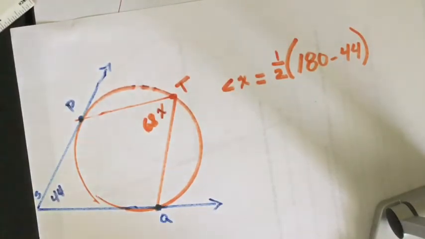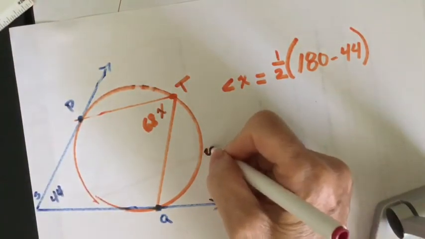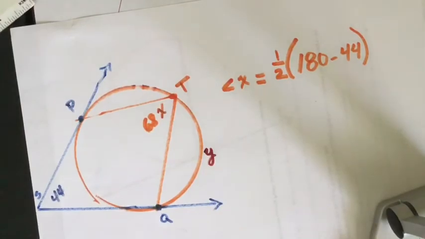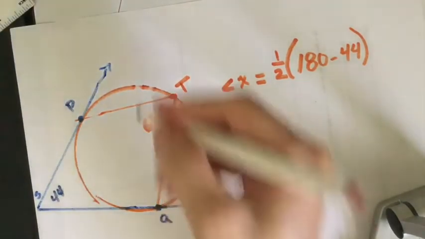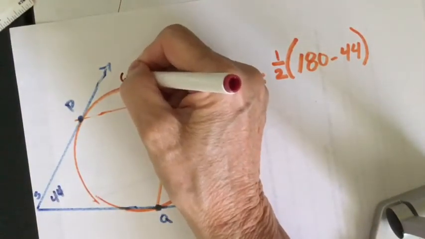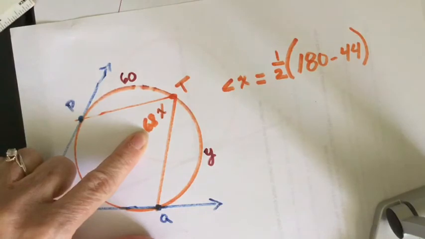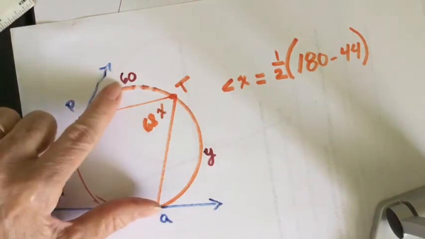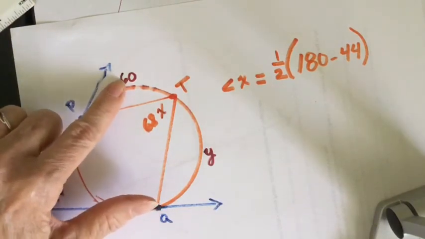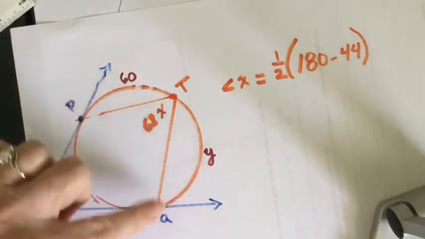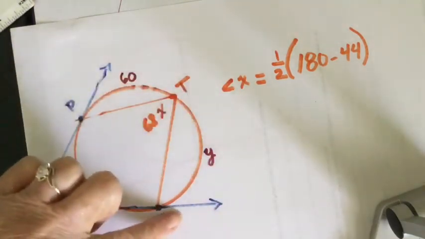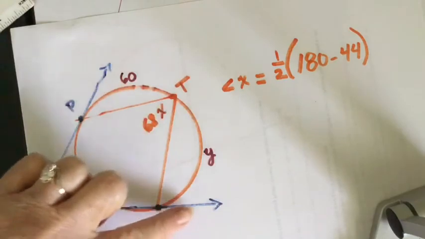But now I need to find y. Here's y over here. Well, what else did they give me? They gave me that this was 60. I know that this angle is 68, and I know that 60 plus y gives me the entire arc right here, and that's a pretty major arc.